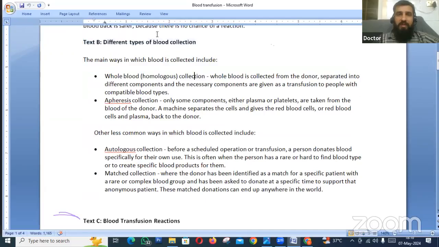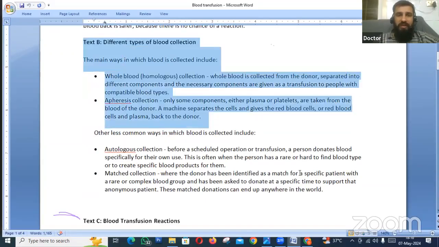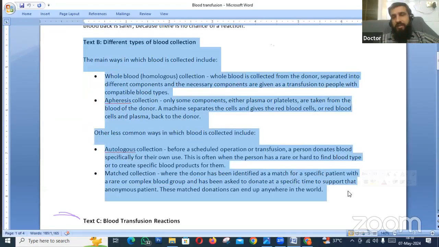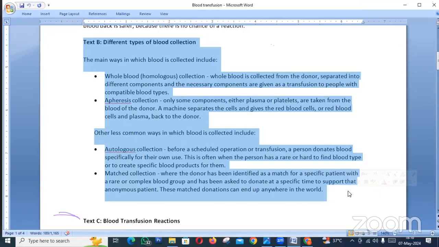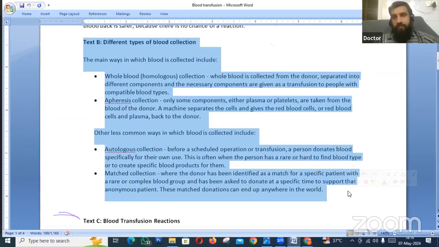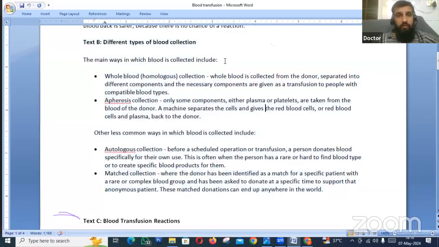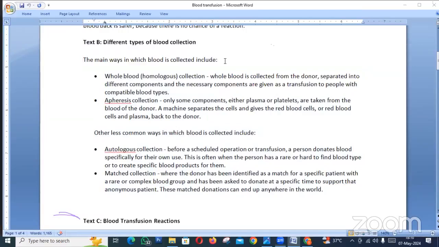Can anybody tell me how you will do skimming and scanning of this? Just quick skimming. How will you do it for text B? Key points, keywords.